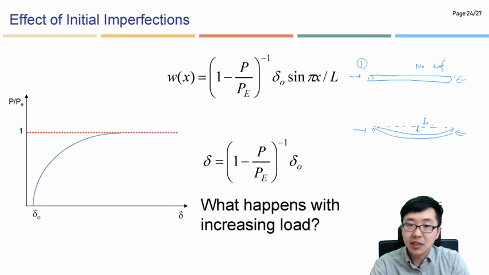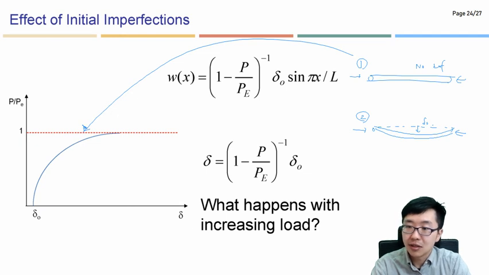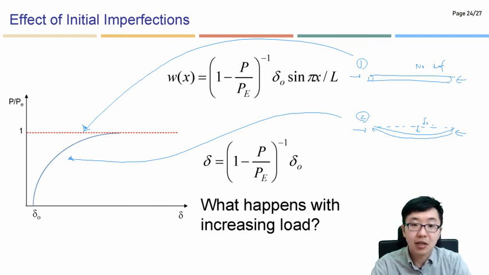This is number one, this is number two. Number one is represented by the red dot, and number two is here. You might understand what I'm talking about.